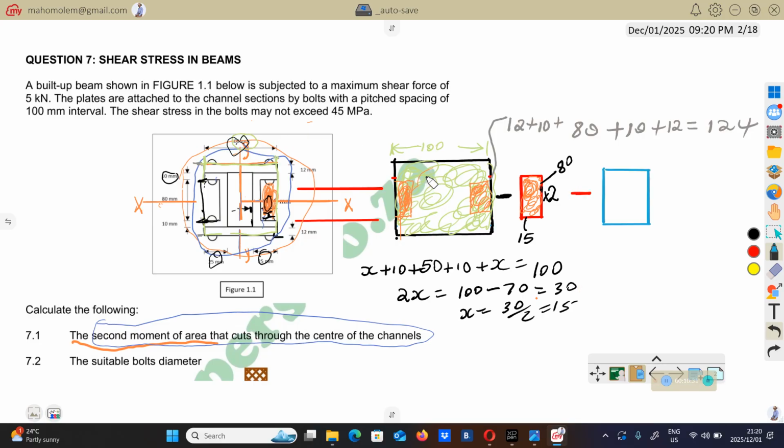We subtract this, something like this. So which is this part?